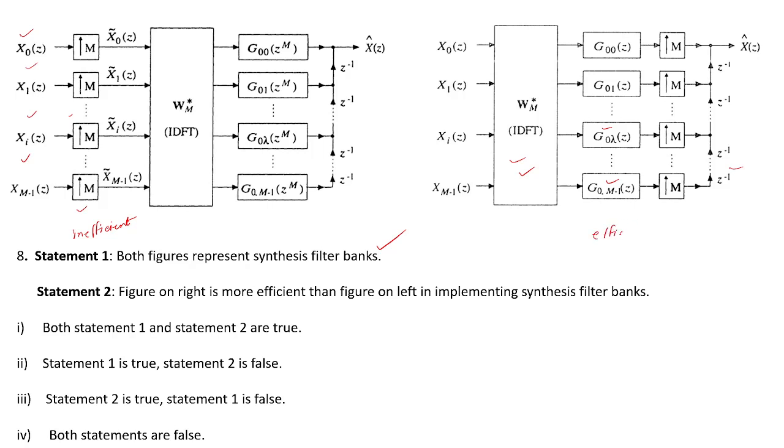So this is an efficient way of implementing synthesis filter banks. So the statement that the figure on right is more efficient than the figure on left in implementing synthesis filter banks is correct. So both statement 1 and statement 2 are true. This first option is the correct one.